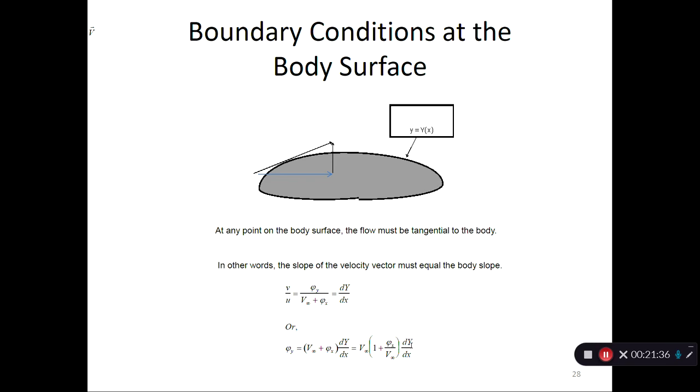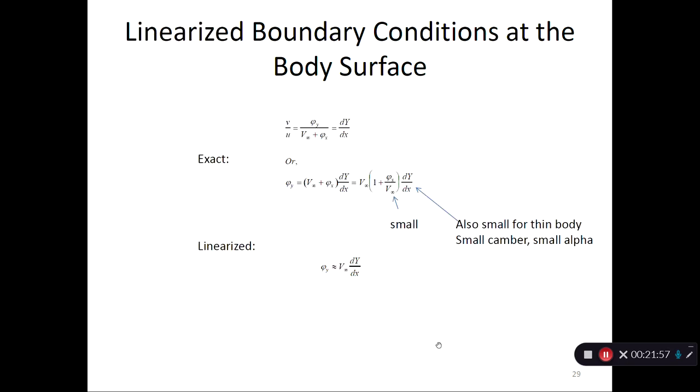So the slope is going to be like 0.1. These disturbances are going to be of the order of 0.1 times v infinity. Therefore, this is also of order 0.1. So 0.1 times 0.1 is small compared to 1 times 0.1. So I keep this 1, but I'm going to discard this vx over v infinity. Therefore, the linearized boundary condition is this equation.